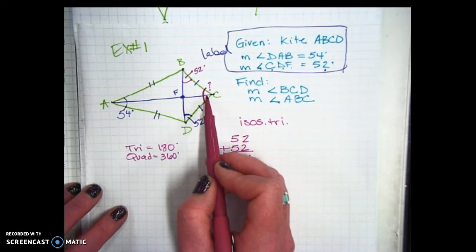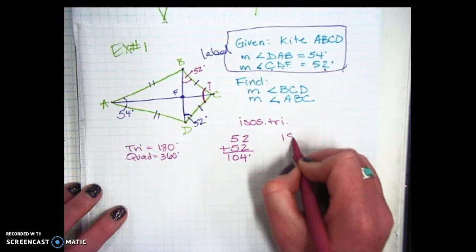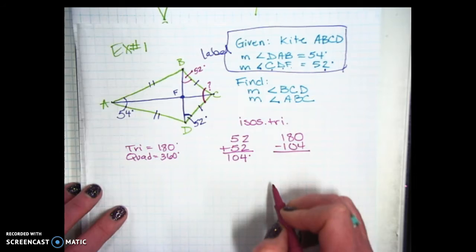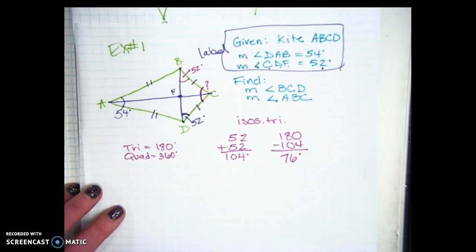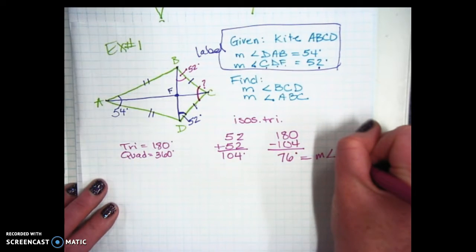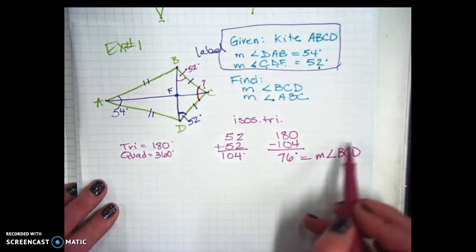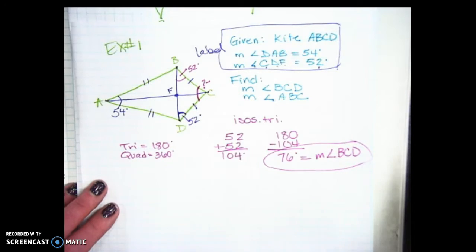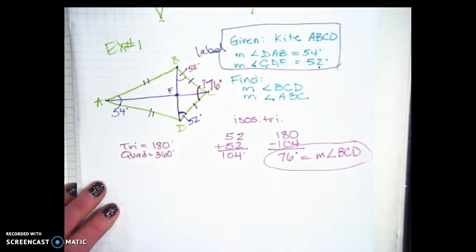To get this angle, what are we going to do with the 104? Subtract it from 180. So start with 180, subtract the 104. What's left? I got 76 degrees. Okay? That is the measure of which one? BCD. That's our first answer. And we can write it up here on the figure because we might need it. So 76 degrees.